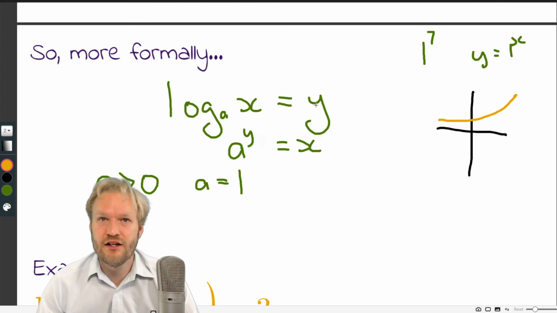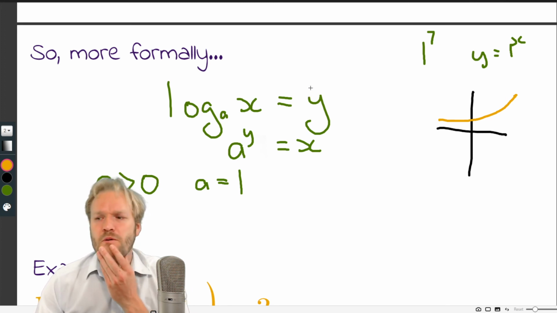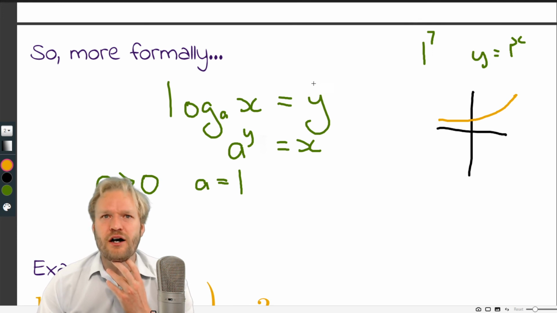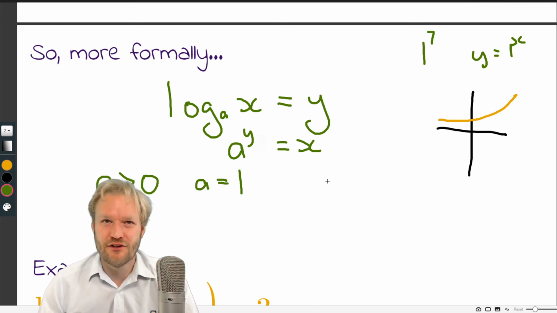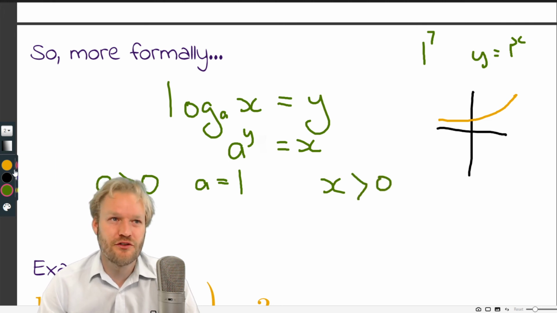So for our log graph, which is the inverse, we're never going to have a negative x value. So x is always going to be positive. This part over here is always going to be positive: x is always greater than 0.